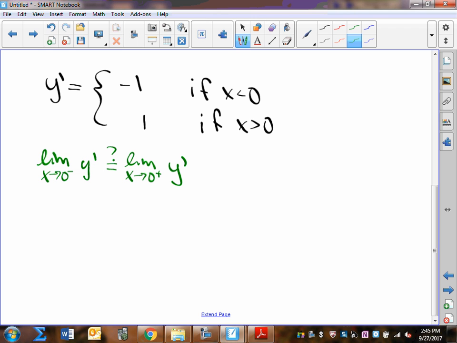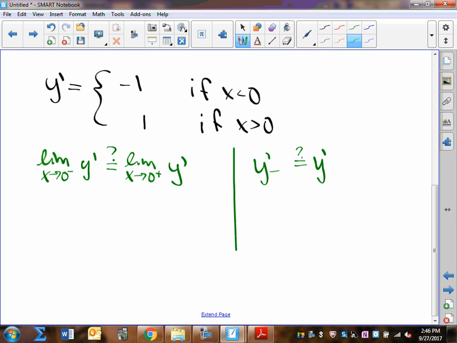Have you guys seen this notation before? A little question mark over the equal sign? We're investigating. We don't know if it's true, that's what we're trying to find out. Yes, that's right. Now again, with that other notation we talked about, we could have said: does my slope coming from the left equal my slope coming from the right?